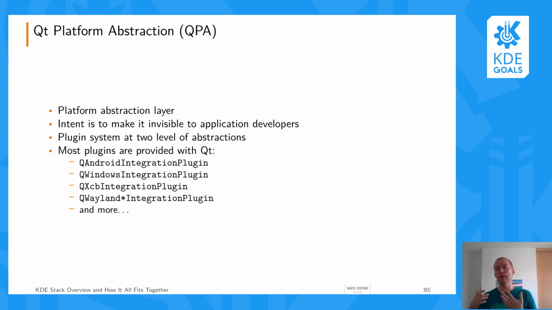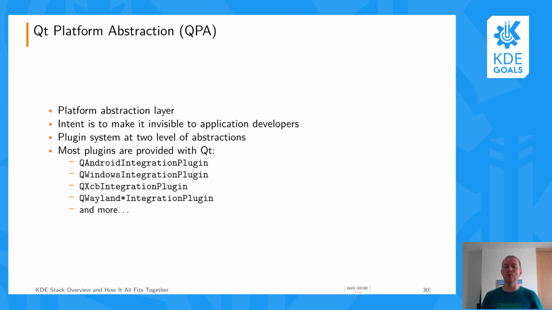If you're trying to adapt Qt for a particular workspace or a particular system, because you're making something embedded, or like the KDE community, you're making a workspace, then you need to know that it actually exists and you will need to integrate with it. That's a plugin system, and that's interesting because it's a plugin system with two levels of abstraction.